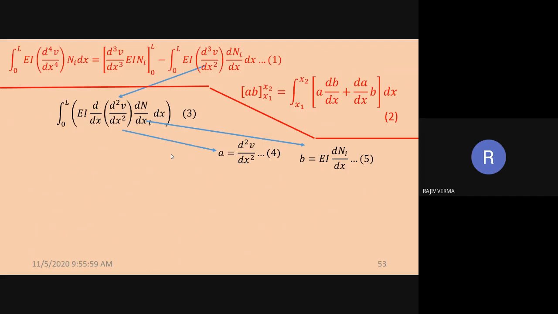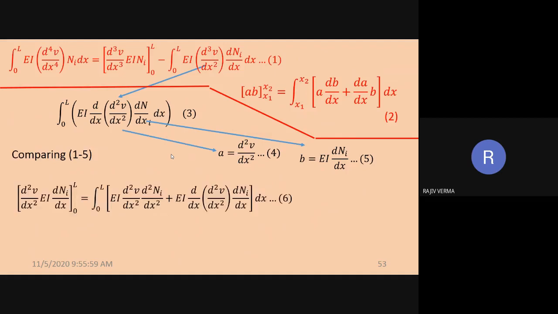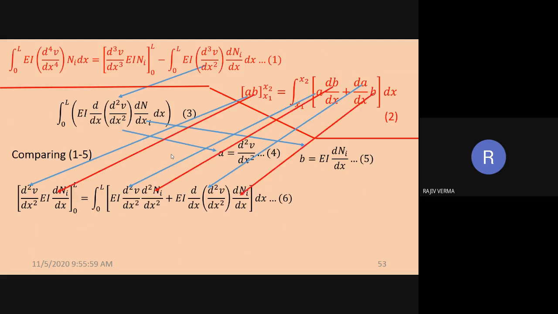And then we substitute the values of A and B in equation number 2 to get equation number 6, where A appears at three places as it did in the earlier slide, and B also appears at three places in the present derivation. And in the next step, we simply readjust the terms of equation number 6.